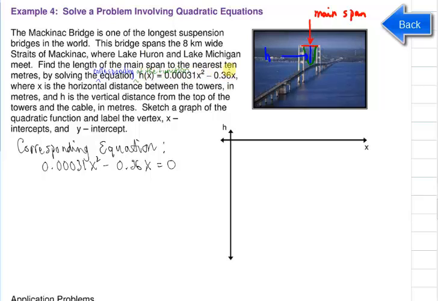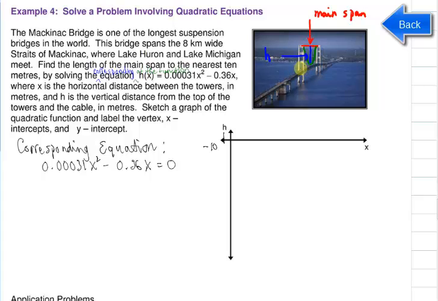Now, I've already put all my information into my graphing calculator, so I'm just going to give you the window settings. Okay, so for the x min, I put in -10, and I figured because this bridge is 8 kilometers in length, then these towers have to be, you know, quite a substantial distance apart from each other.